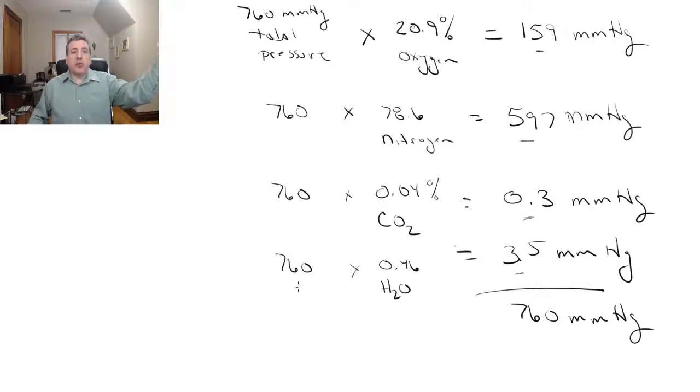So oxygen is going to be moving from the alveolus into the blood. Just like we did diffusion, high concentration gradient to low concentration. We did it with Boyle's law, movement of gases based on pressure gradients. Here, Dalton's law is the movement of individual gases based on their pressure gradients.